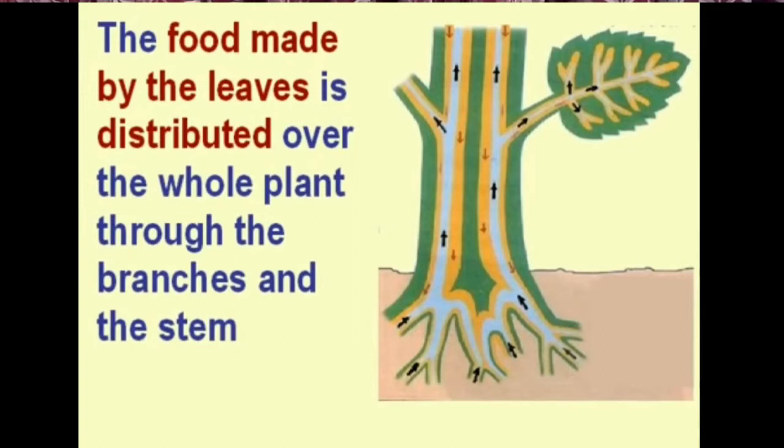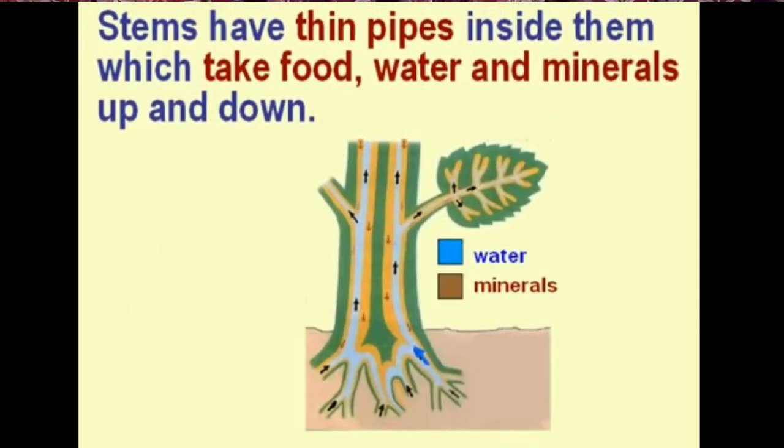Water and minerals from the roots travel up the stem and the branches to reach the leaves. The food made in the leaves goes through the branches and stem to other parts of the plant.